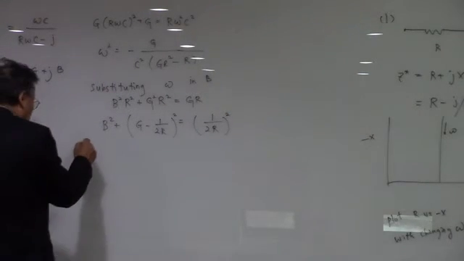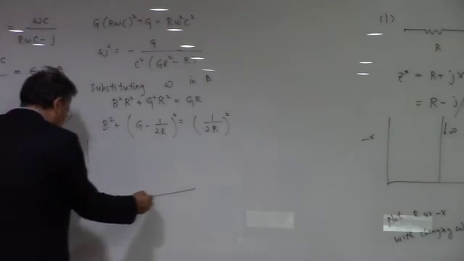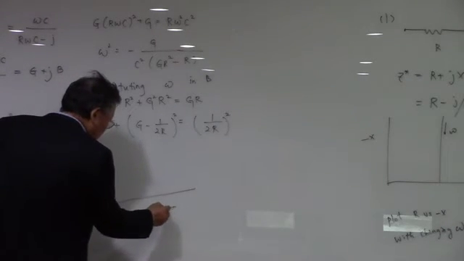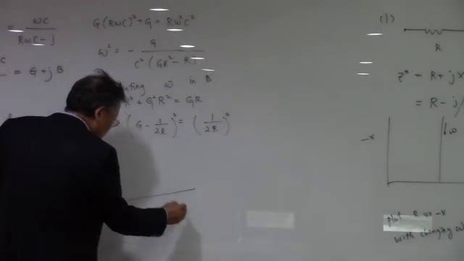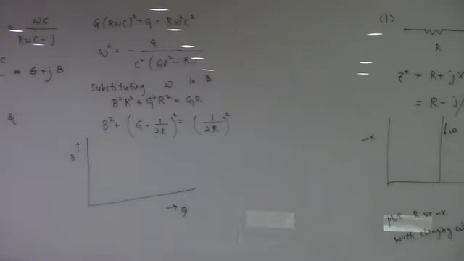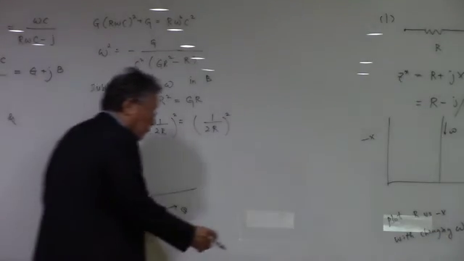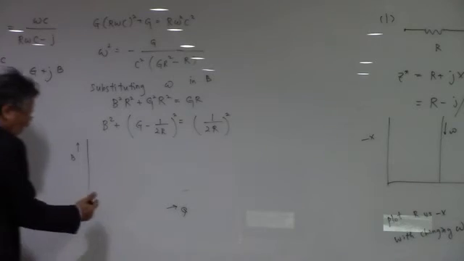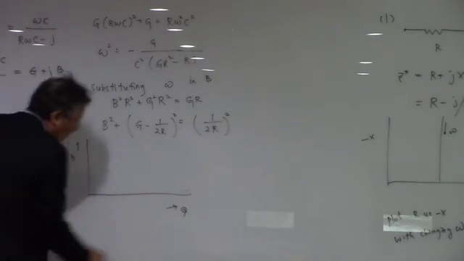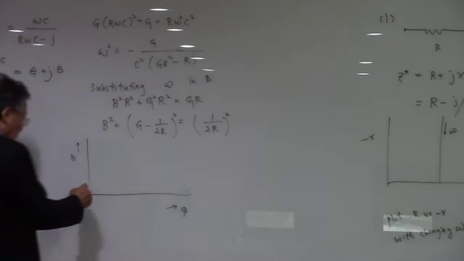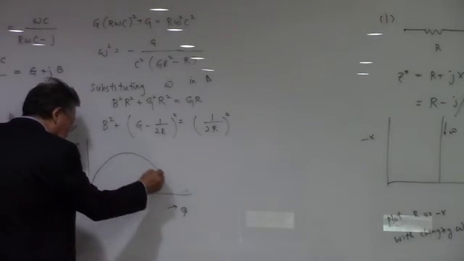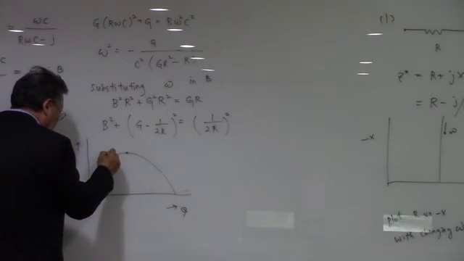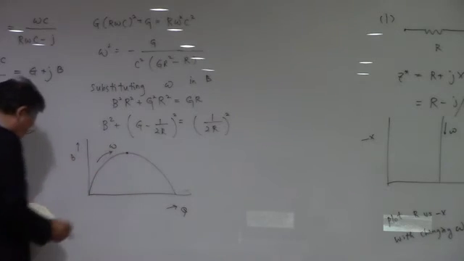So, if you plot B and G, okay, in this case you're going to have a semicircle here, and you increase the frequency in this direction.